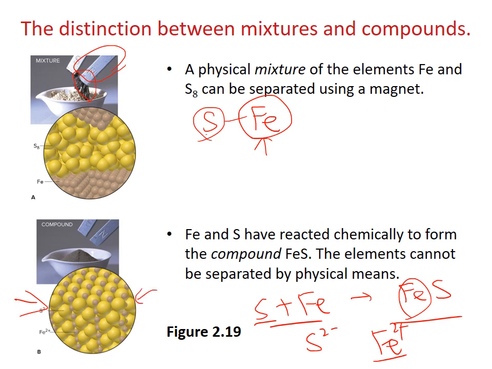In other words, sulfur is not the sulfur element, the atom anymore. Iron is not the iron metal anymore. It's iron 2+. Therefore, if you apply magnets, nothing comes out. The iron cation will not be attracted to the magnets, so you cannot separate them. The elements cannot be separated by physical means in compounds.